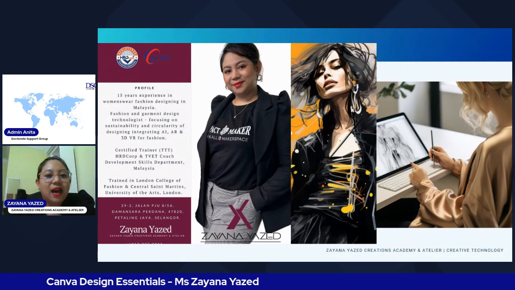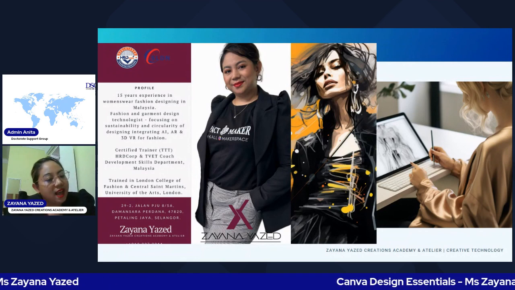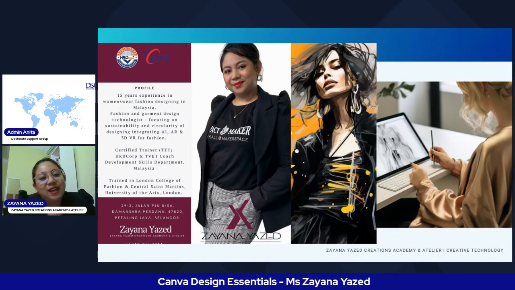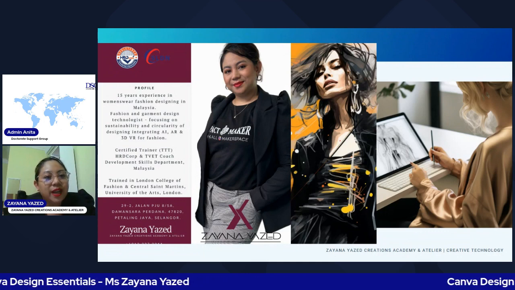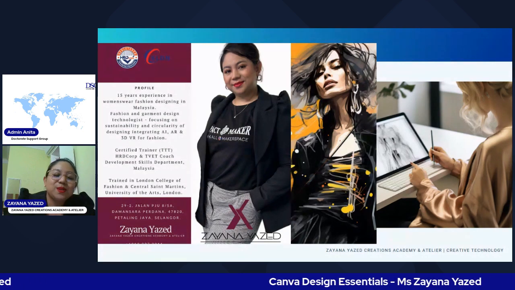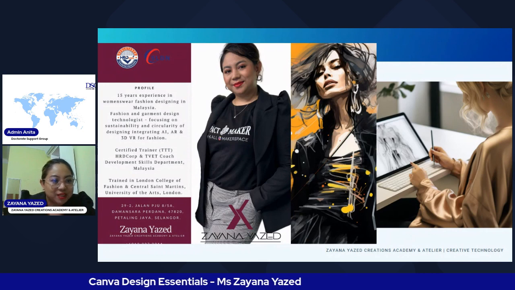That's why right now I'm a trainer in visual design and Canva design. I have helped a lot of people, especially entrepreneurs and academicians, to create good visual impact for their presentations, their work, and posts on social media.